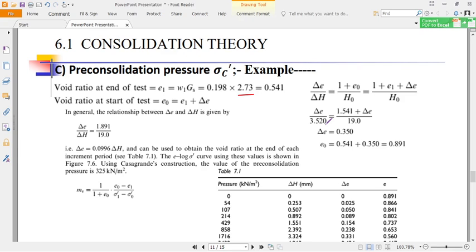Why would you determine e? Because from this expression, e is equal to e naught minus change in e.